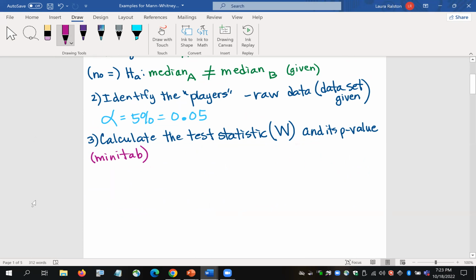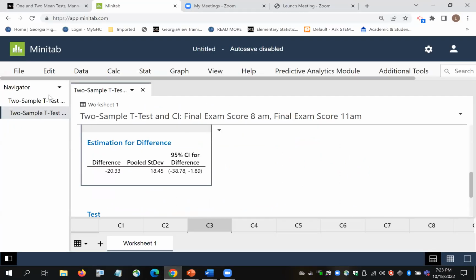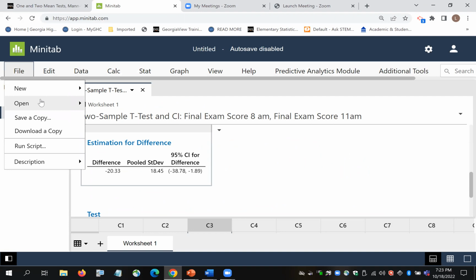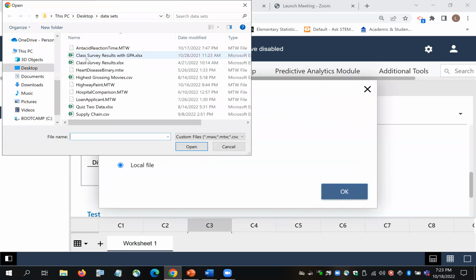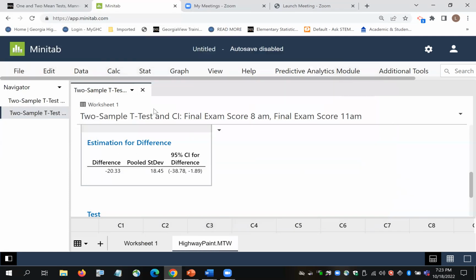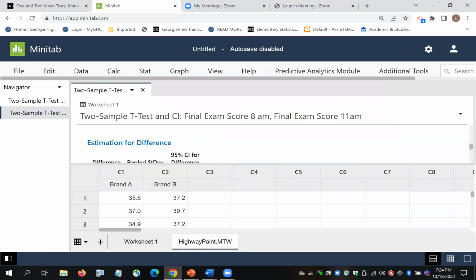So I'm going to upload to Minitab that data set. Now, I already have it on my desktop. So I'm going to open a worksheet, and it's called Highway Paint. And Minitab pulls it in.